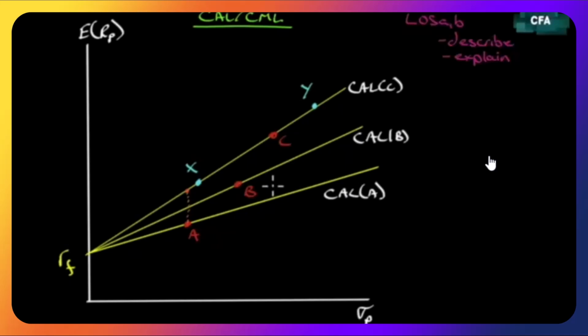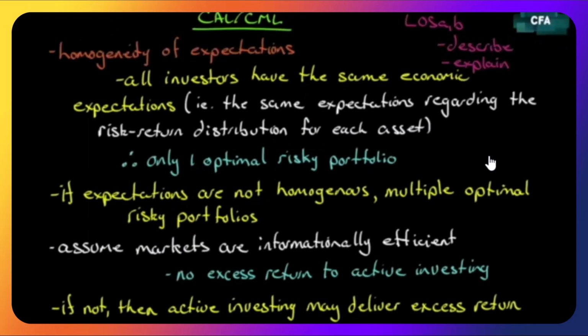And to buy into that one optimal portfolio requires an assumption we make about investors. And we're going to get to that. So this assumption is called the homogeneity of expectations.